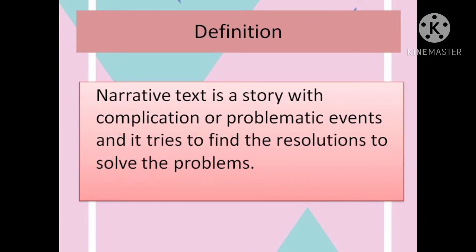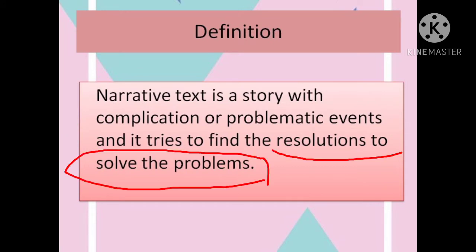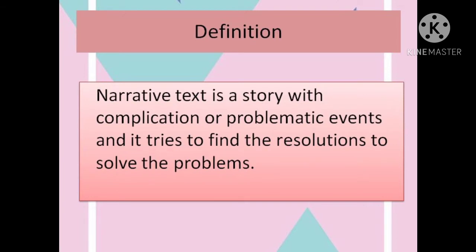Jadi, pengertian dari teks narasi itu adalah sebuah cerita di mana di situ akan ada complication or problematic events. Jadi akan ada masalah yang muncul, kemudian di situ juga akan ada resolutions to solve the problems, pemecahan masalahnya. Itu adalah definition of narrative text.